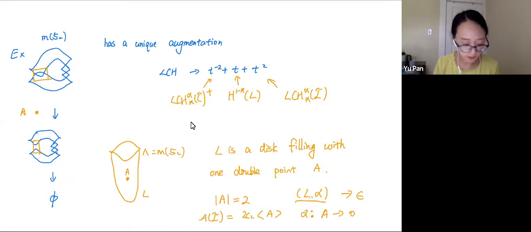So for an immersed filling, the LCH of the boundary Lagrangian will not only consider the singular homology of L, it will also contain other information involving the LCH of the filling as well.